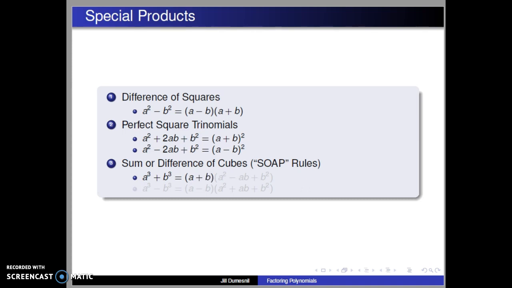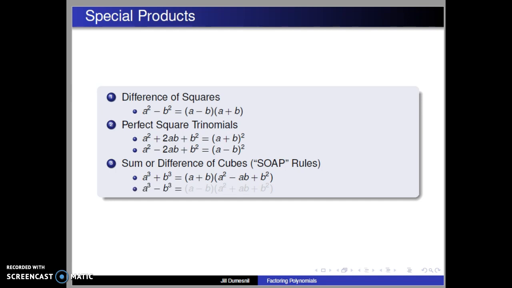The other factor is a prime trinomial of the form first base a squared minus, opposite sign, the product of the two bases ab, plus, always positive, the second base squared. Again, the acronym SOAP stands for same, opposite, and always positive, which gives the signs in the factorization.